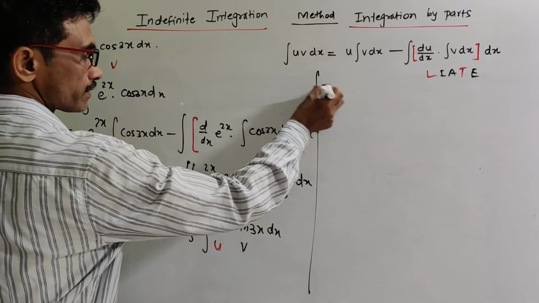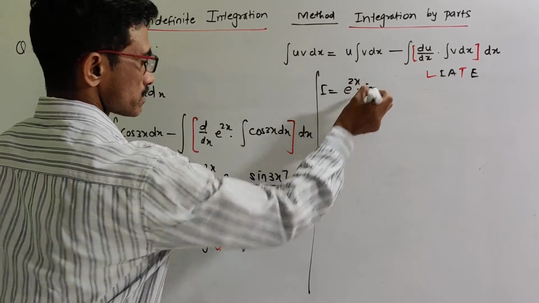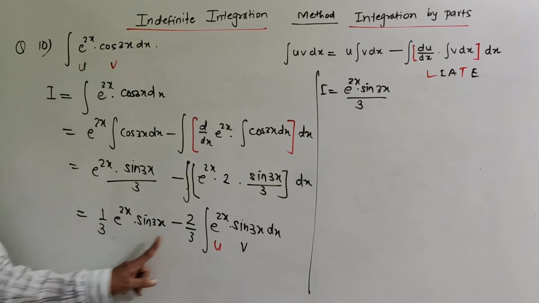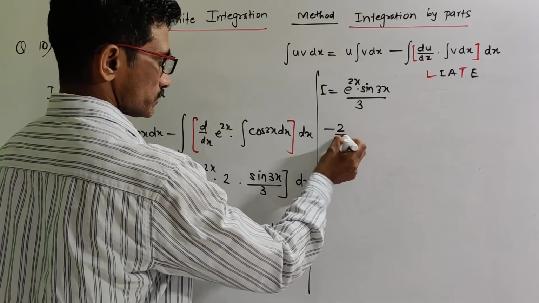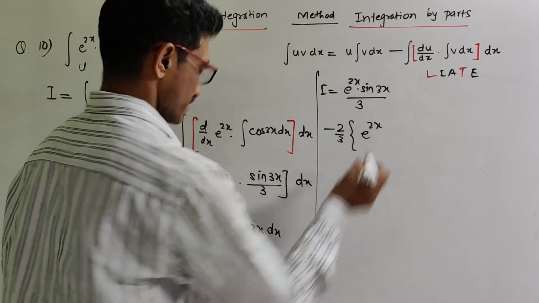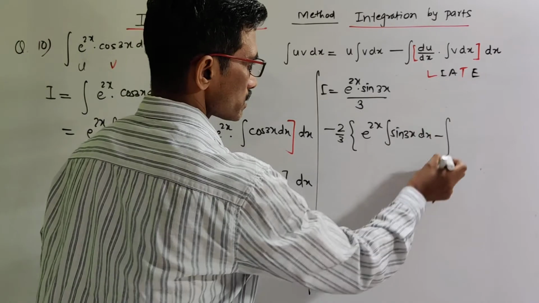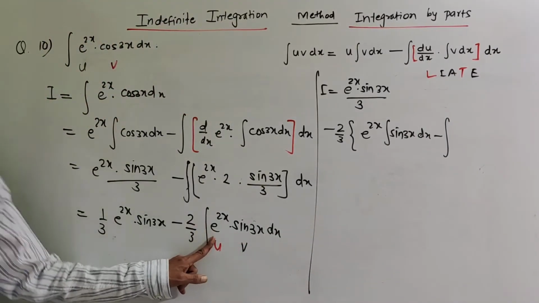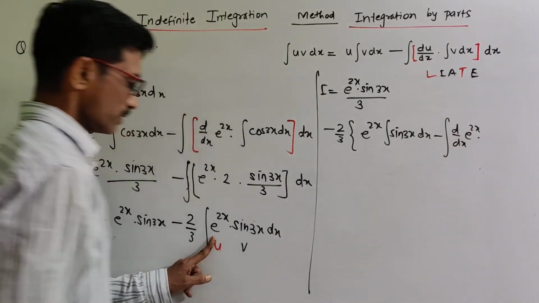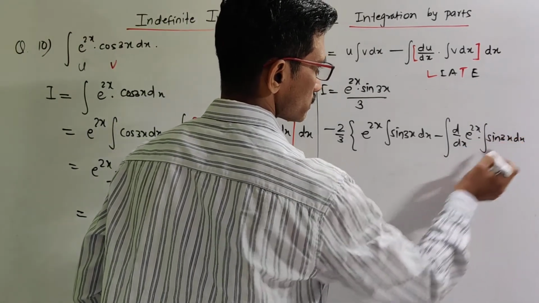So the left hand side is I, and the right hand side is e raised to power 2x sin 3x upon 3 minus 2 by 3, and integrate it by parts. e raised to power 2x, integration of sin 3x dx, minus integration of the derivative of this u, so d/dx of e raised to power 2x, and integration of sin 3x dx.